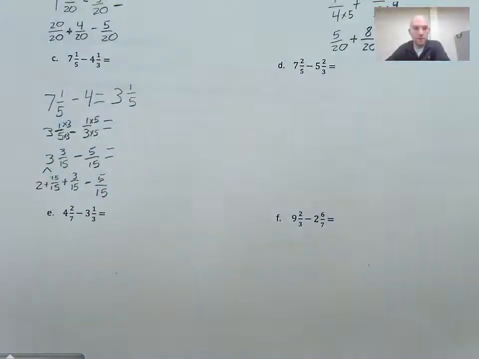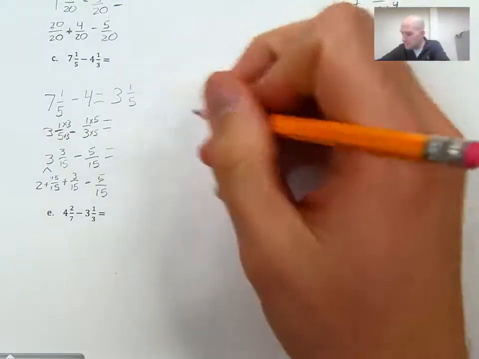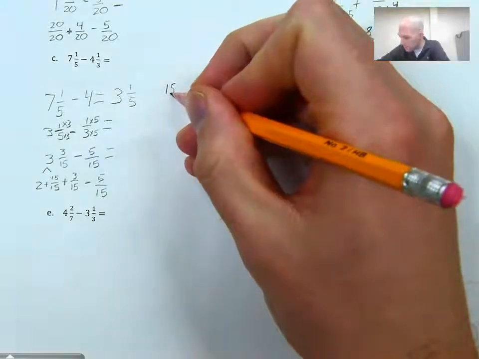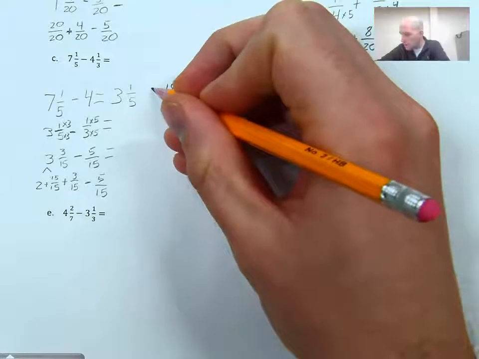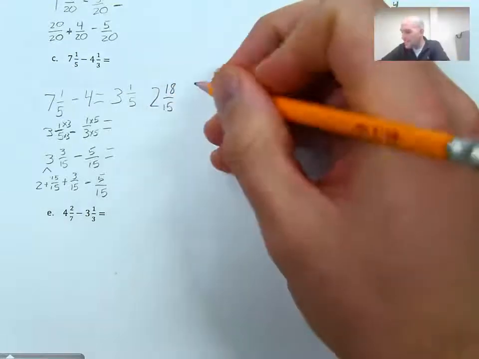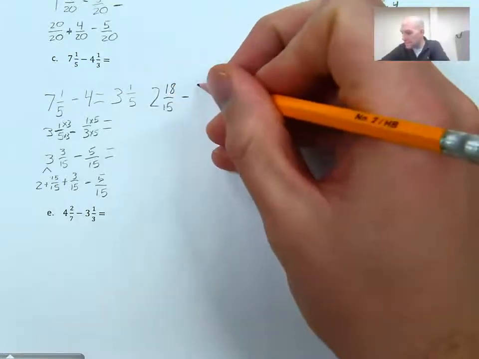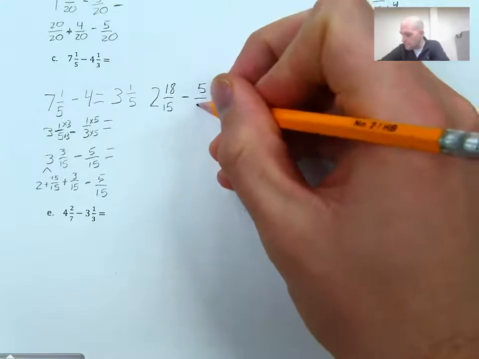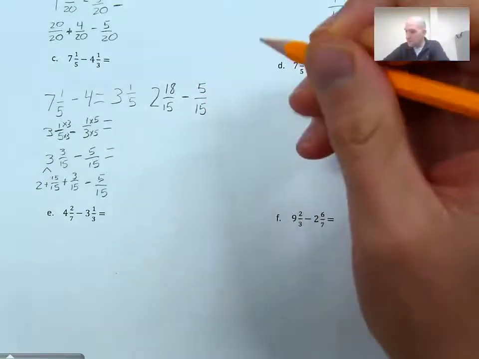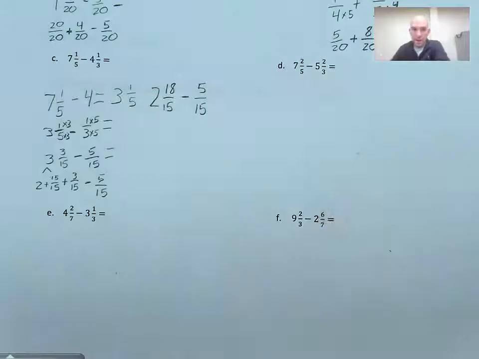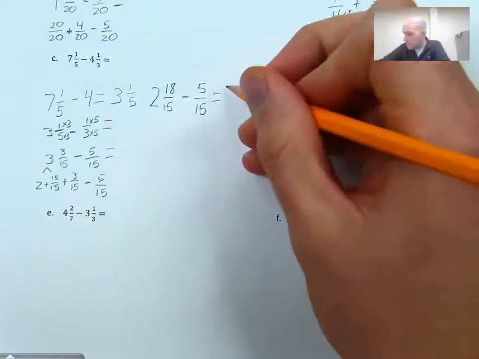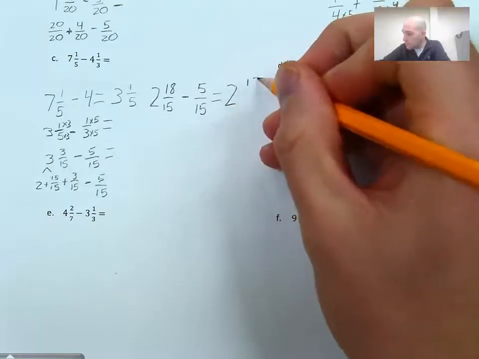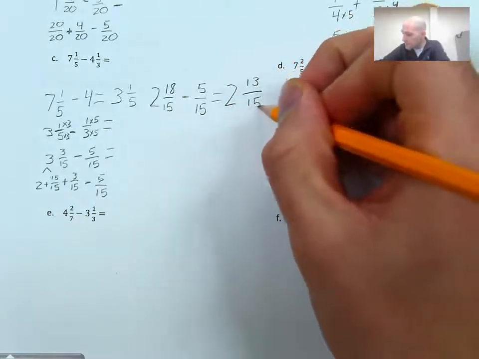So 15/15 plus 3/15 is 18/15. I'm going to move this all up here. 18/15. I have my 2 and 18/15 minus 5/15. And now I can subtract. And I'm going to end up with 2 and 13/15.